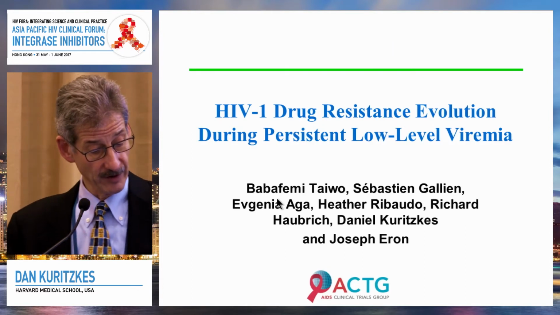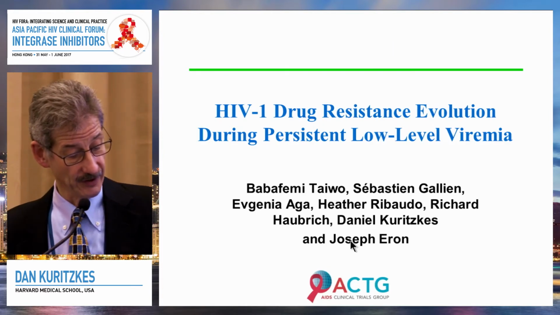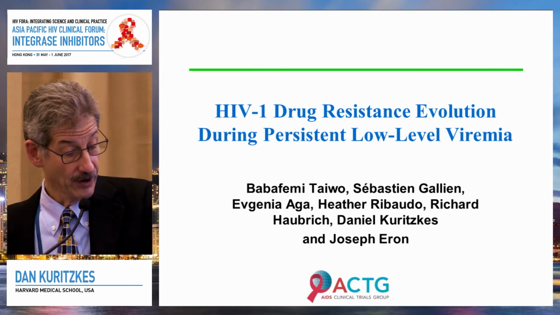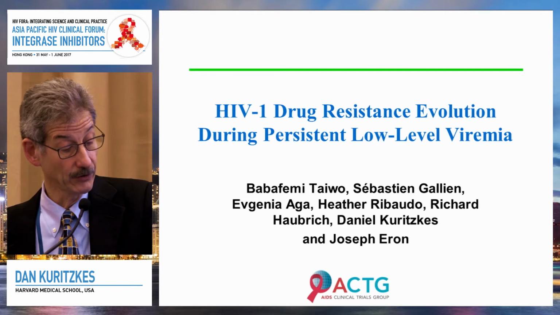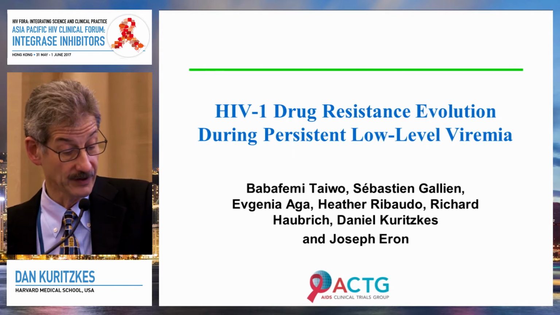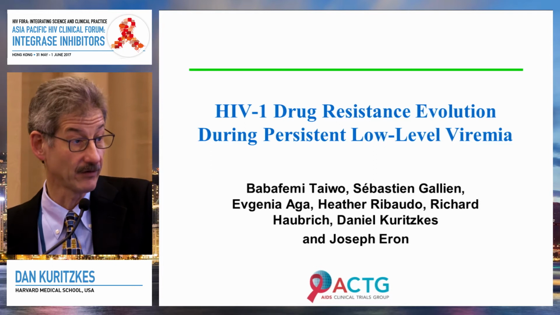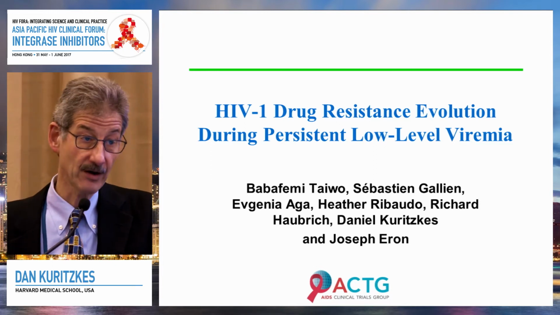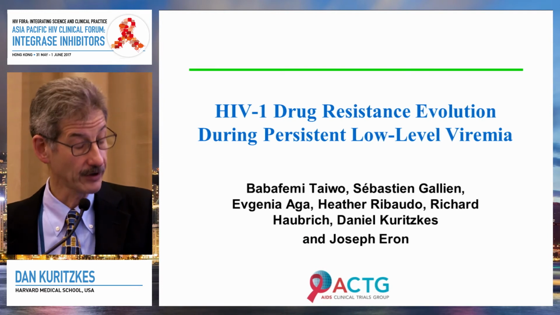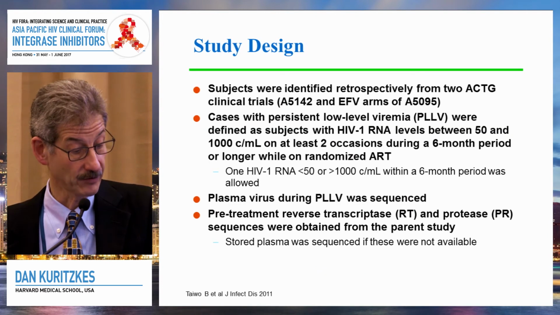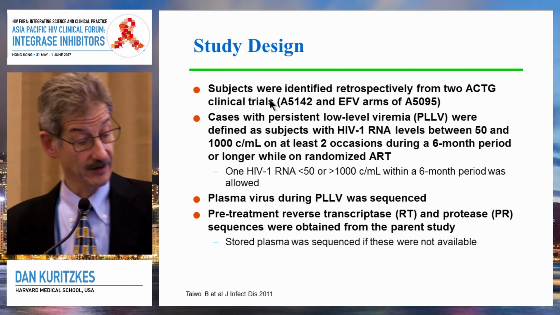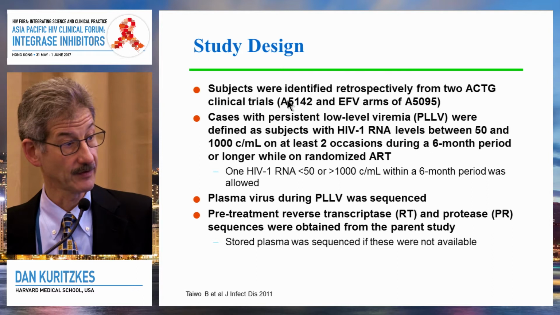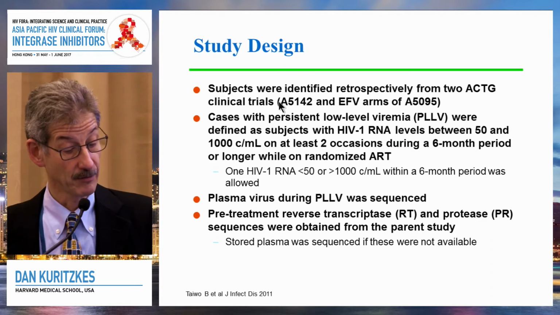So together with Babafemi Taiwo from Northwestern University and Joe Eron from the University of North Carolina in Chapel Hill, we did a study to look at the evolution of drug resistance in patients with persistent low-level viremia who had been followed from initial antiretroviral therapy over the long term in the AIDS Clinical Trials Group. We identified patients from two studies, both of which had enrolled treatment-naive patients.